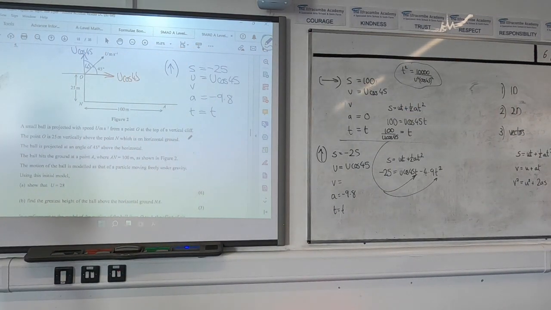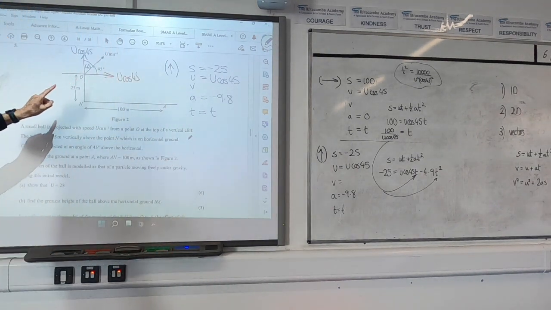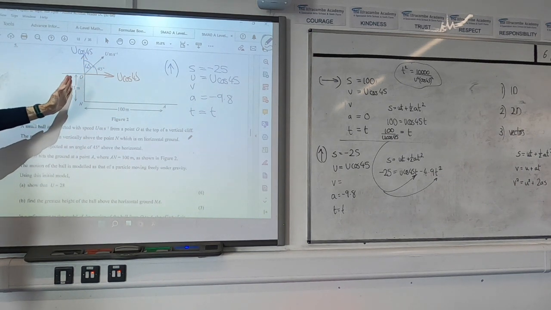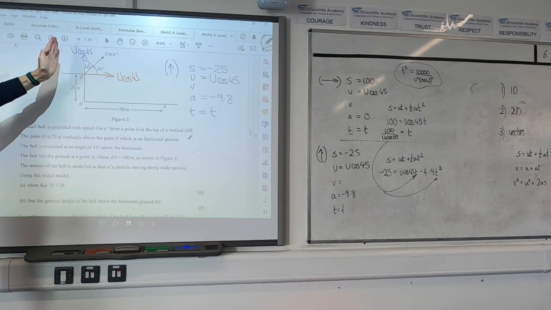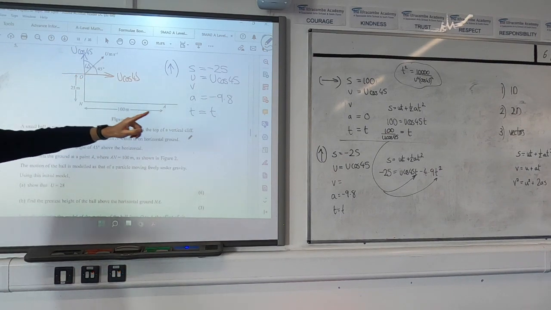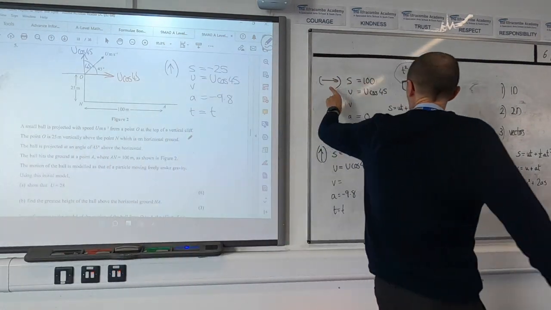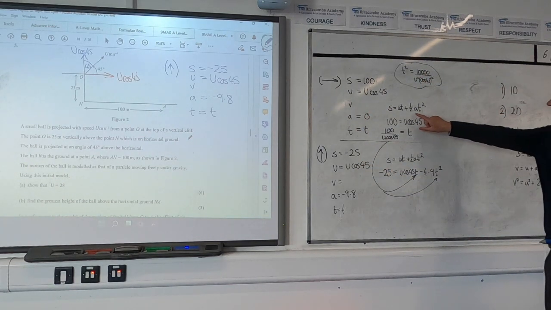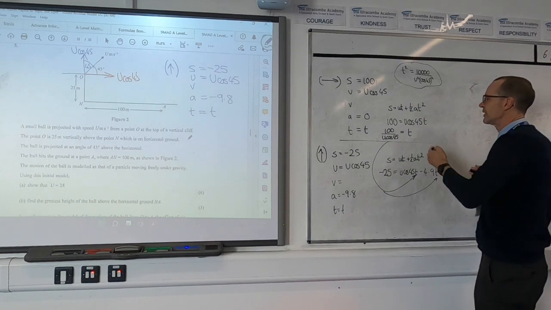Where did you get u from? Like u cos 45. So we're told the initial speed is u. Oh, right, okay. So its vertical component is u cos 45. Its horizontal component is also u cos 45. So that's the initial speed in both the horizontal and the vertical direction. Because a is 0, that term just disappears.